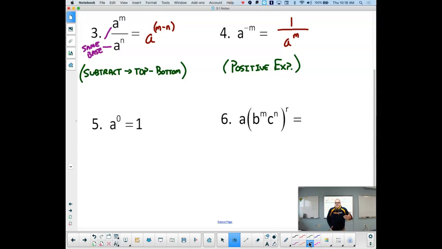So a to the negative m power becomes 1 over a to the positive m power. On a side note, if I have 1 over b to the negative n power, if my negative exponent is in the denominator of my fraction, then that becomes positive when I move it to the top. We reciprocate that.